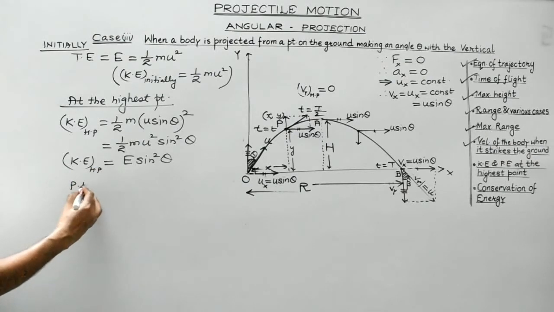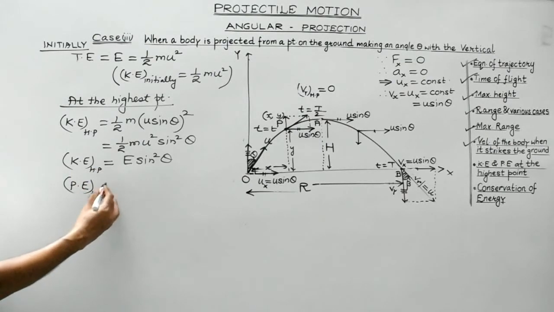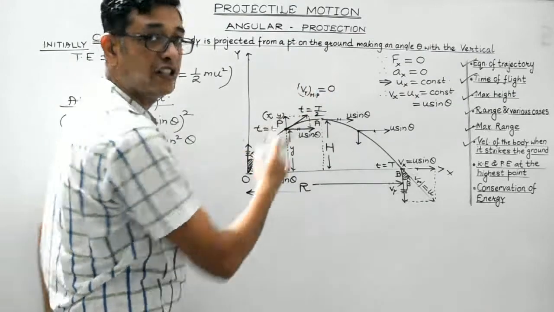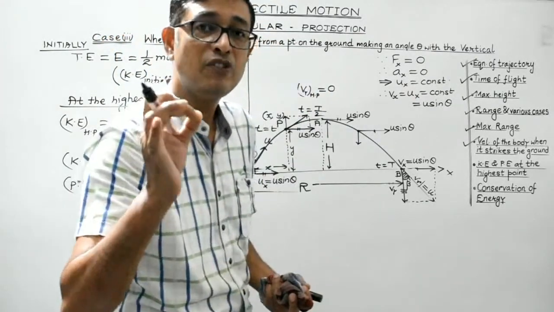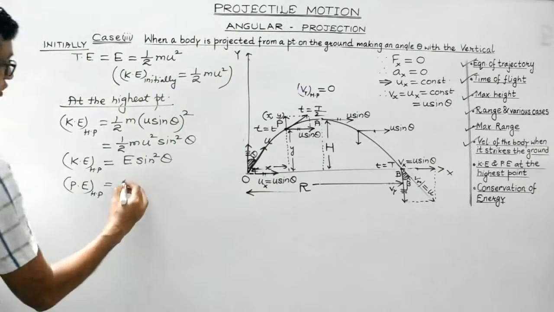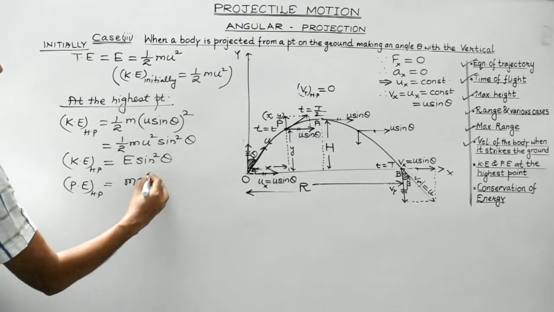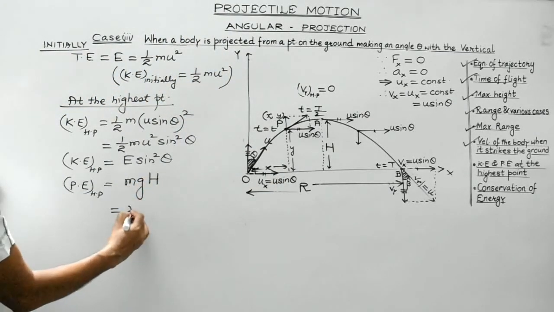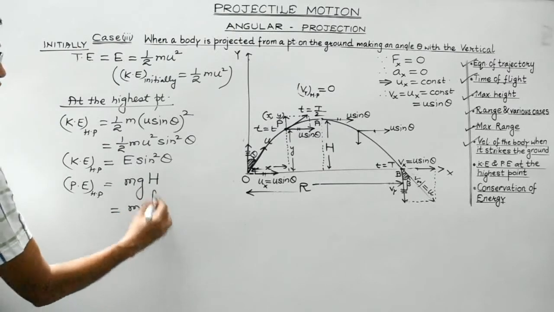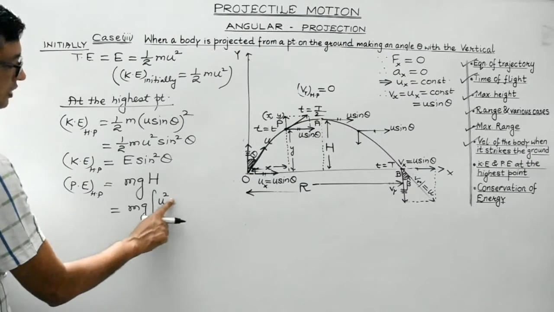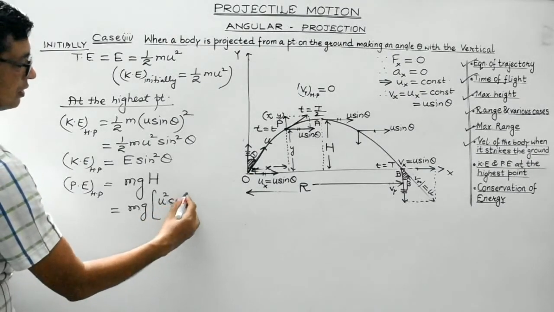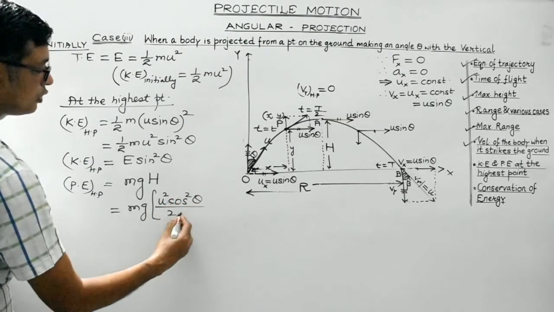Now let's find out the potential energy at the highest point. It has gained height h during the process, so its potential energy would be mgh, right? So it will be equal to mg times the maximum height attained. And what is the expression for the maximum height? It is u square sine square theta divided by 2g.